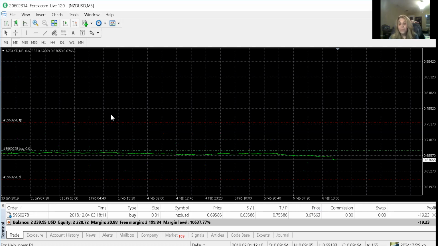Going into the 5-minute time chart, it's even smaller. And there's still not enough information on what is called a naked chart. Because it's a naked chart, there's only the entry price, the stop loss, and the take profit. There's no indicators. There's no marking up the chart. There's no support and demand.